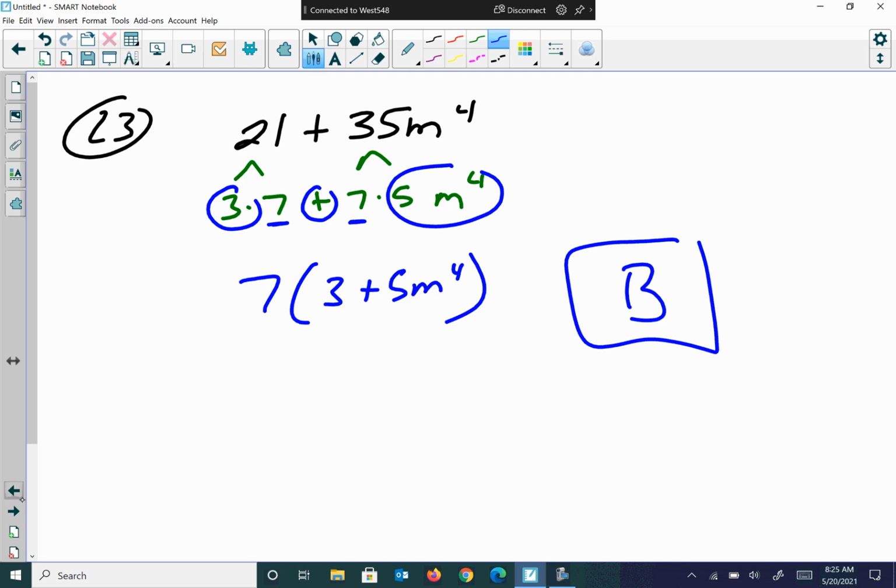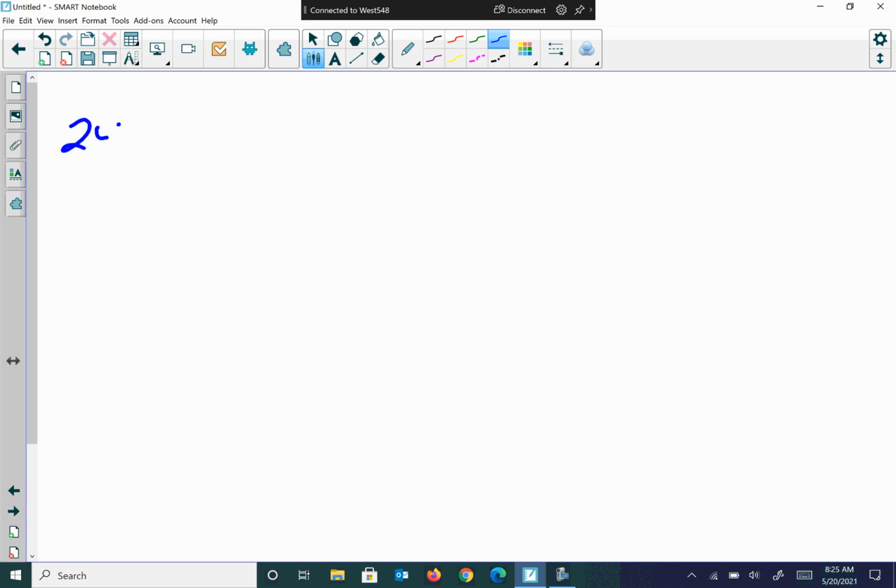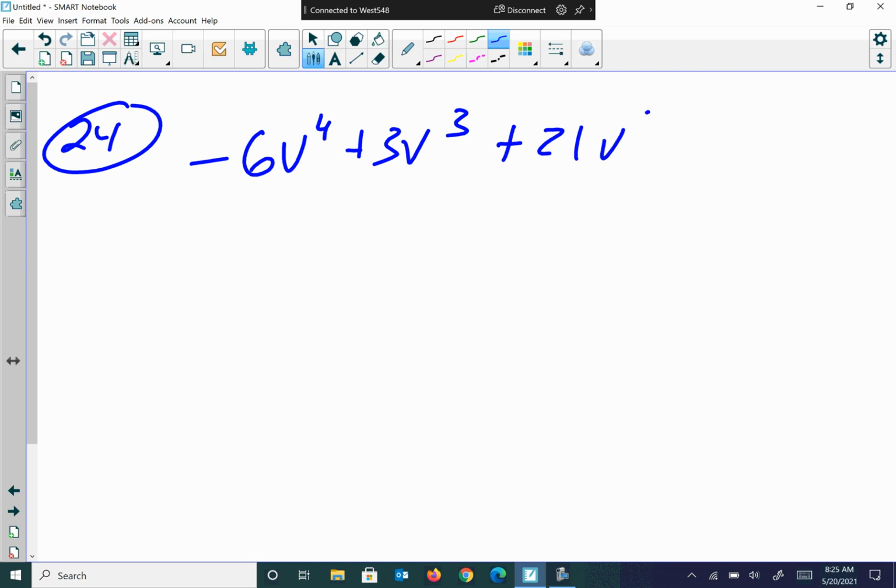Okay, and then number 24 is done the same way. We have negative 6v to the 4th plus 3v to the 3rd plus 21v squared. So let's break everything down that we can. 6 breaks down, I have a negative. Three doesn't break down. 21 breaks down to 3 and 7.